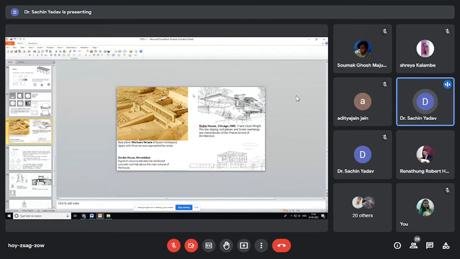So three terraces means three base planes approached by ramps. This is Robie House, Chicago, designed by FLW. The low sloping roof planes and broad overhangs are characteristics of the Prairie School of Architecture.